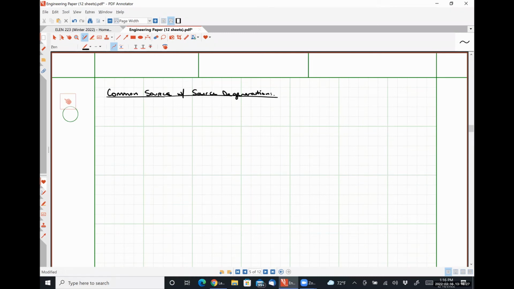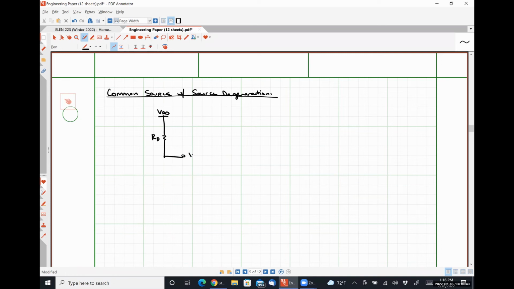Here is our resistance RD, which again could absolutely be replaced by a PMOS current source or an NMOS diode connected transistor.